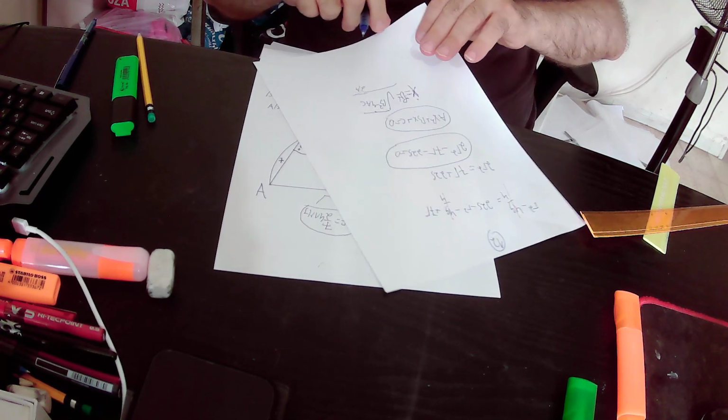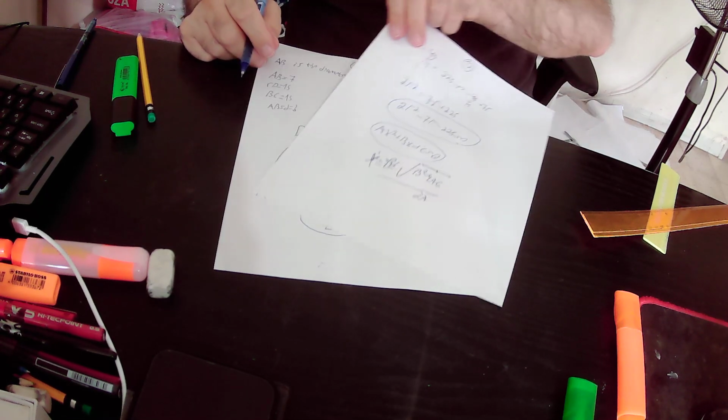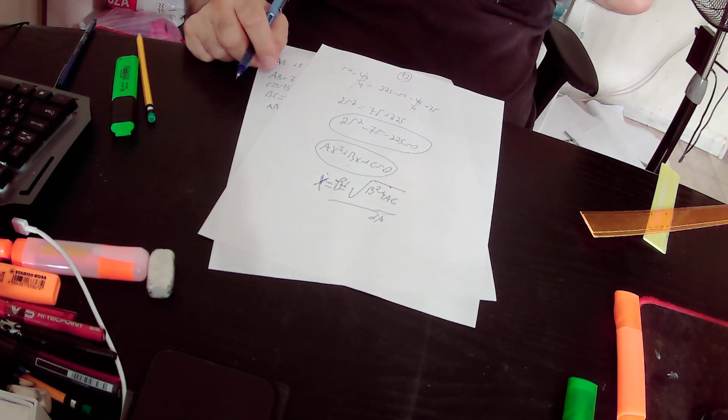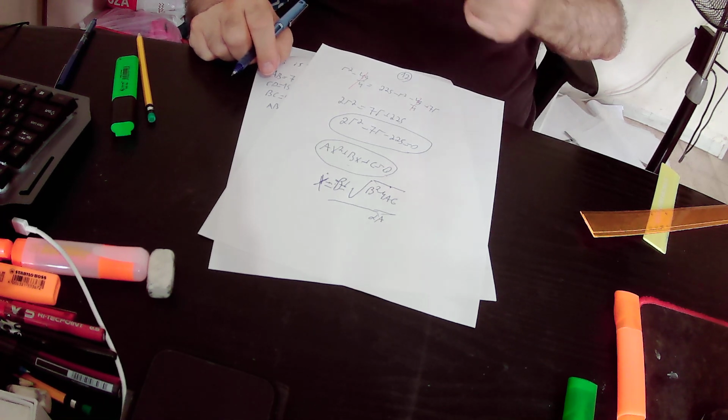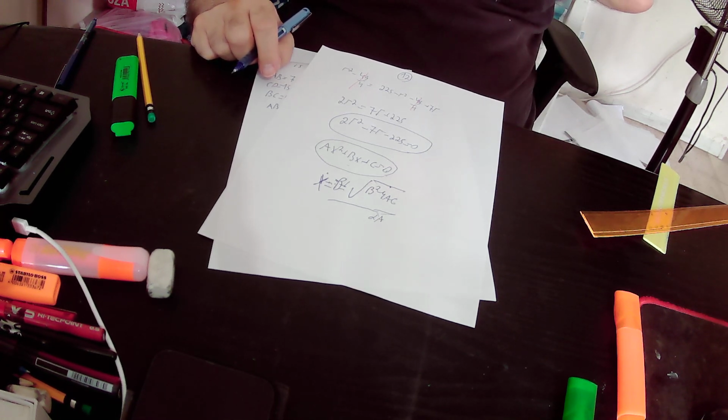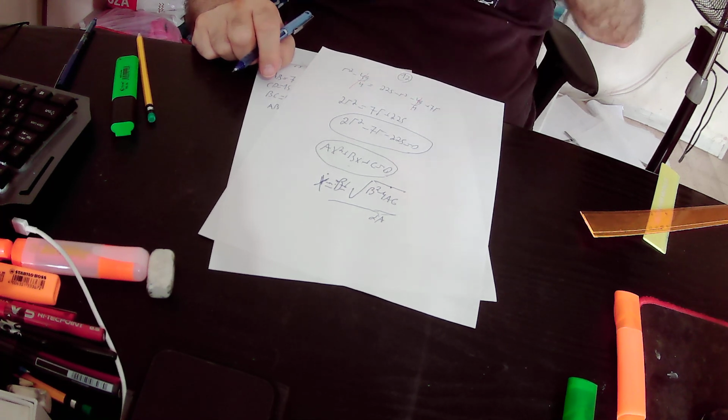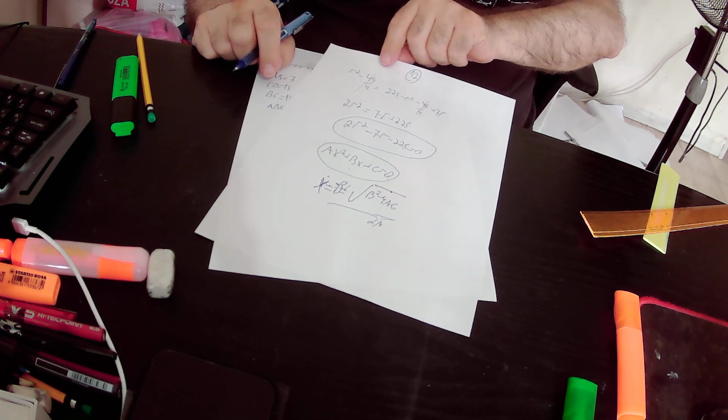Okay, that is the equality for x, and a, b, and c are the coefficients of this quadratic equation, and x is the variable that we want to find out.